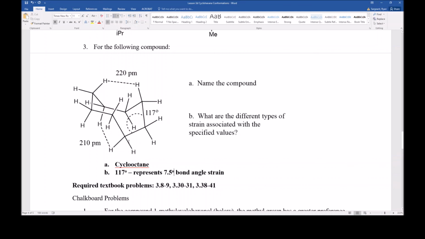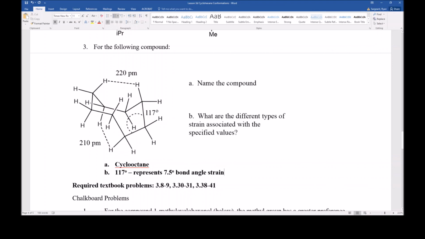And in 3 dimensions, I also noticed that this hydrogen right there and that hydrogen were getting kind of close to each other. The ideal, kind of minimum distance between 2 hydrogens is right around 2.4 angstroms, or 240 picometers.